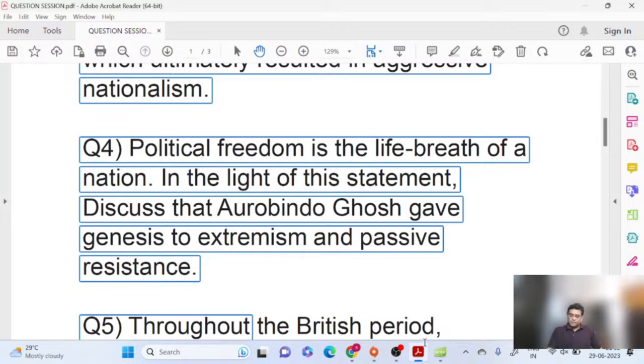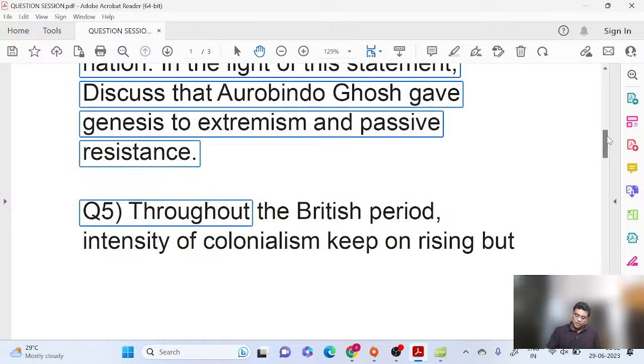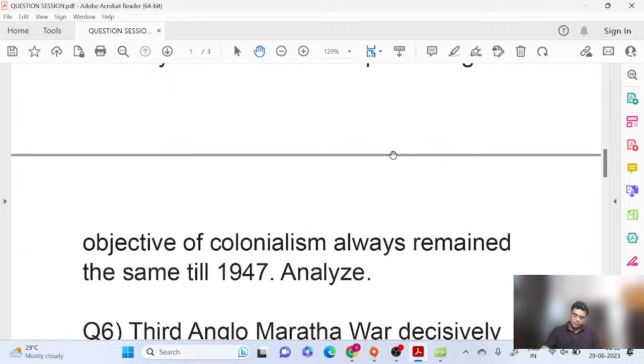Next question is: throughout the British period, the intensity of colonialism kept on rising, but the objective of colonialism always remained the same.